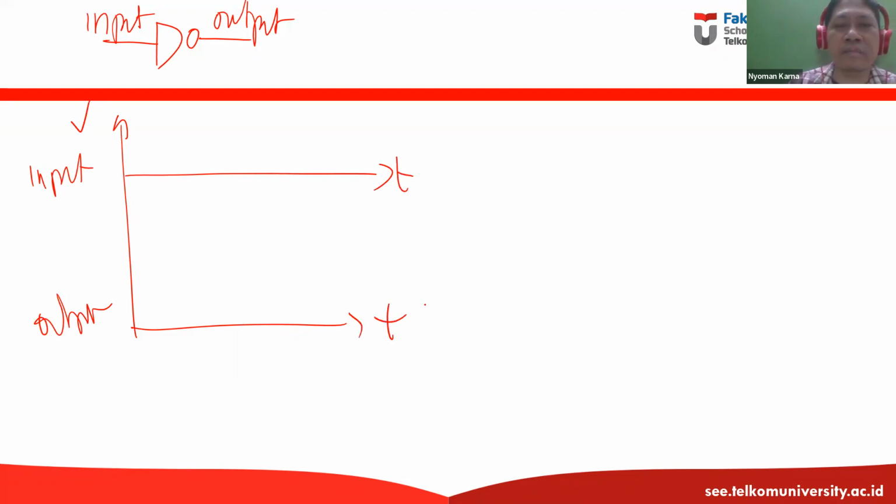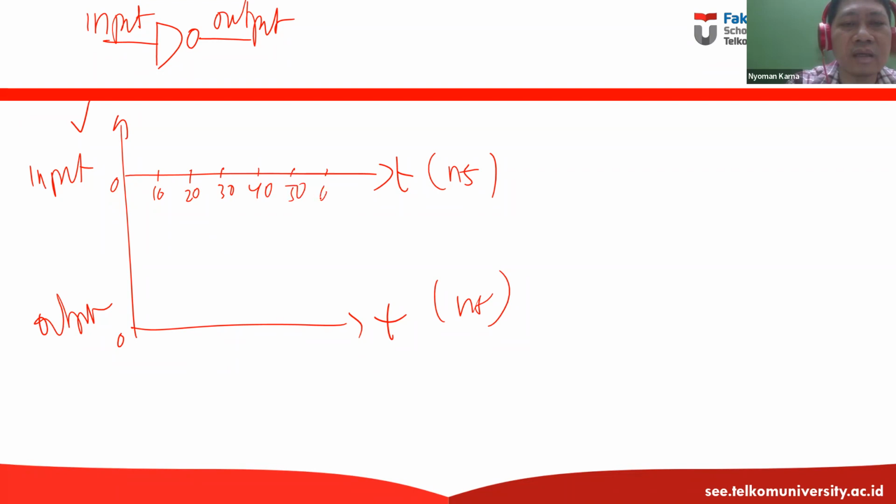Now, let's say the time is in nanosecond. And let's say this one is 0. And then this one is 10 nanosecond, 20 nanosecond, 30 nanosecond, 40, 50, 60, and 70.